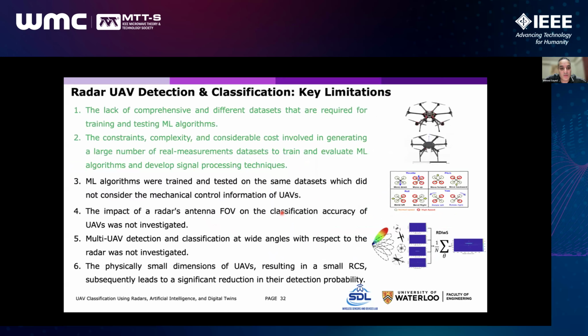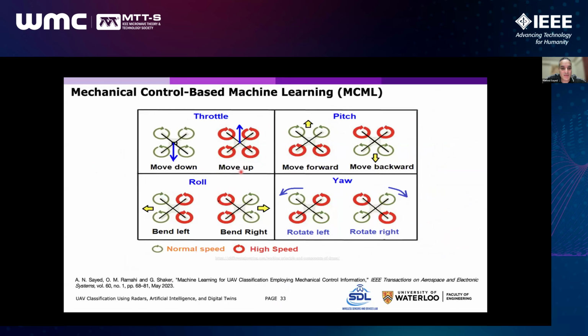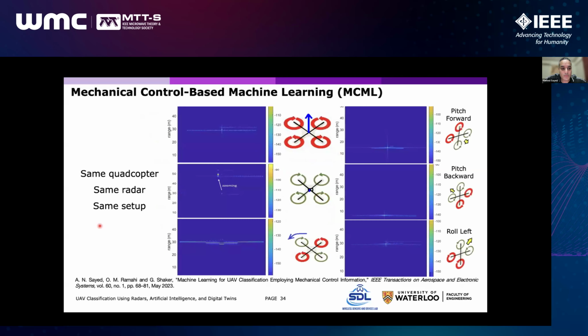To perform each motion, we need to change the speeds of each rotor. For example, to throttle the drone up, we need to increase the speed of all 4 rotors. To pitch it forward, we need to increase the speed of the back rotors and decrease the speed of the front rotors, and so on.